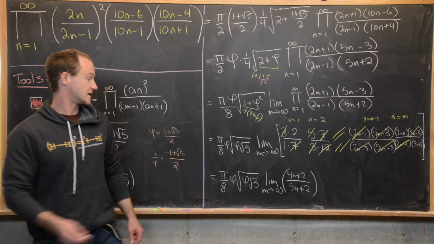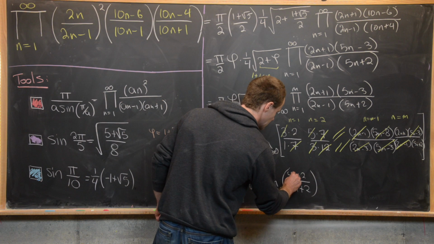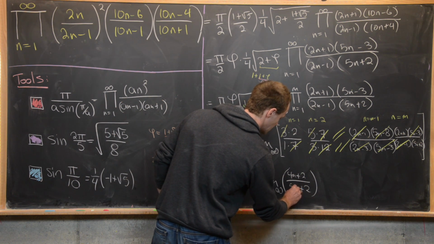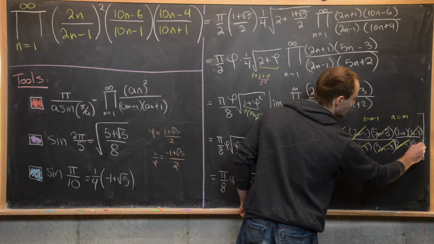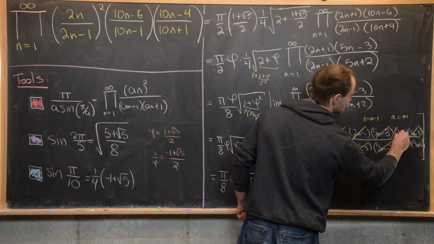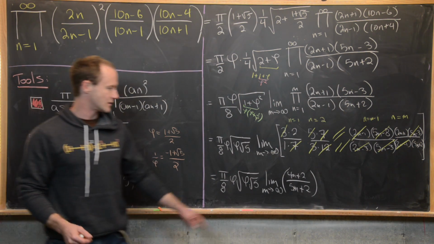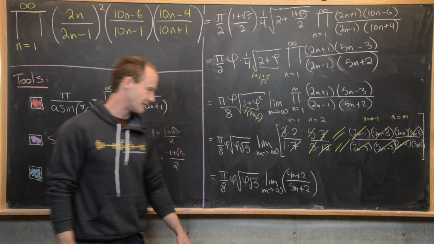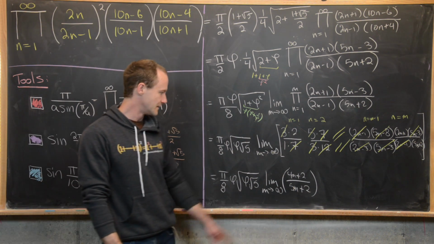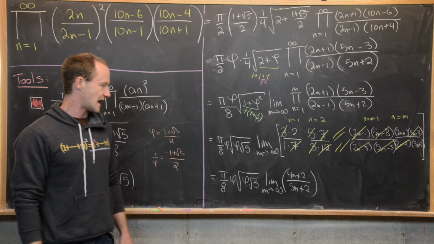But now that's a fairly simple limit to take. Notice we get the leading term in the numerator divided by the leading term in the denominator. So that's going to give us 4 over 5.